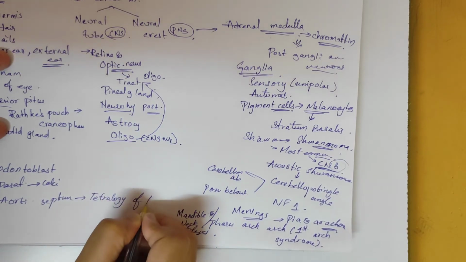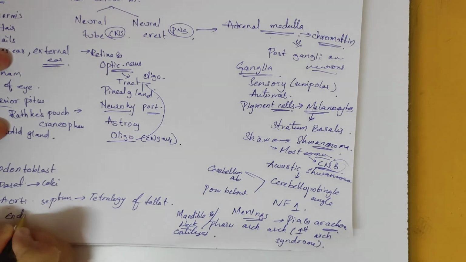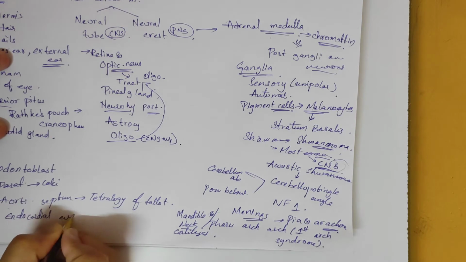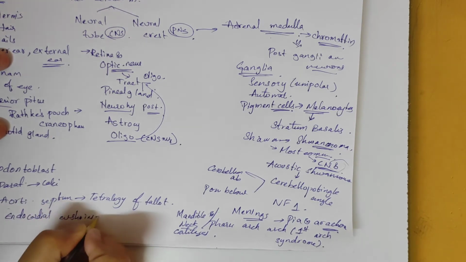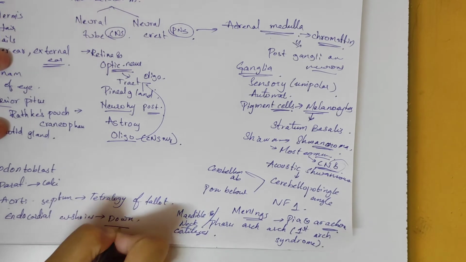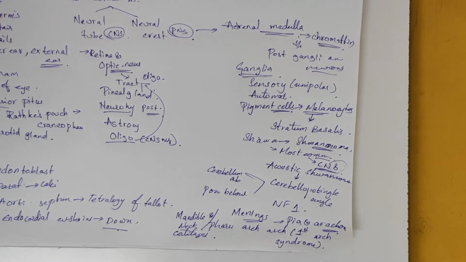This is also very important. And endocardial cushions, which are famously affected in Down syndrome. So that is about the ectoderm. We'll come across mesoderm and endoderm in a minute.